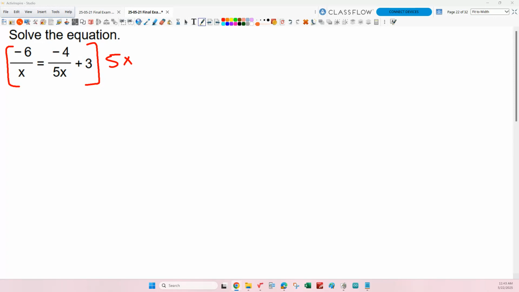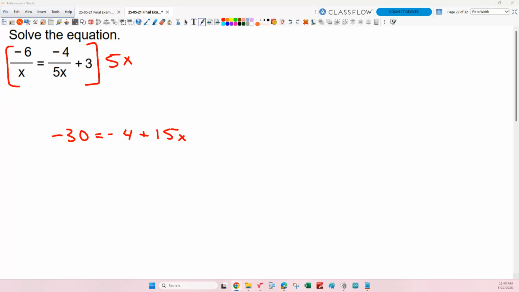What would happen if we multiply negative 6 over x by 5x? Negative 30. Those x's would cancel, and then it'd be negative 6 times 5. Okay, and then what about negative 4 over 5x times 5x? Negative 4, and then 3 times 5x plus 15x. Did I say negative 3?